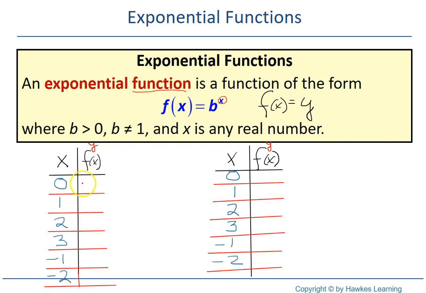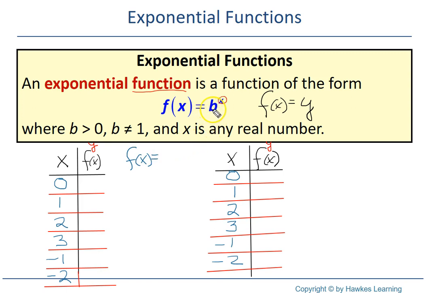So now we want you to fill these t-charts in with 0, 1, 2, 3, negative 1, negative 2, because we will be asking you to graph this. Okay? So pause and do this. Now, the first one we're going to do is f of x.